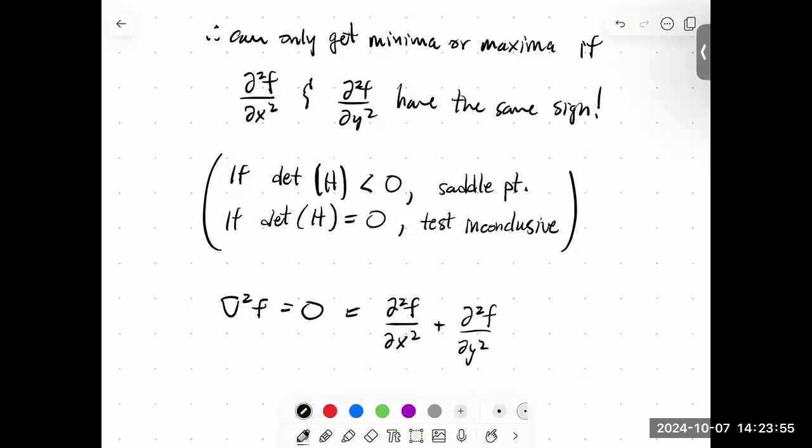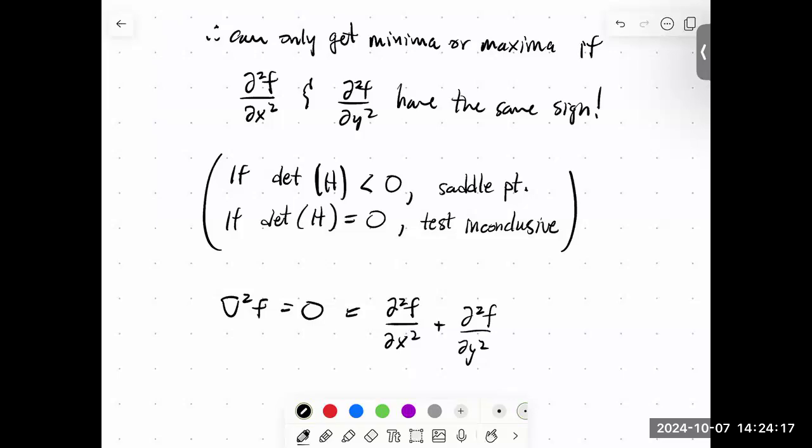Well, what's the only way I can add up these two things and get 0? Yeah, you're right. They have to have opposite signs. It's possible that both these derivatives are 0, but in general, let's imagine they're not 0.